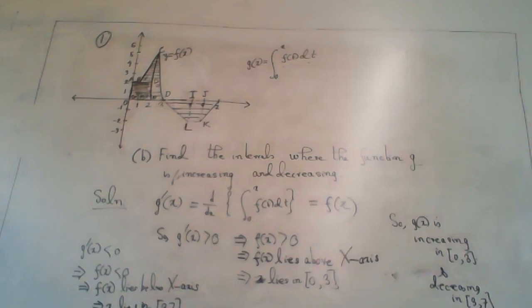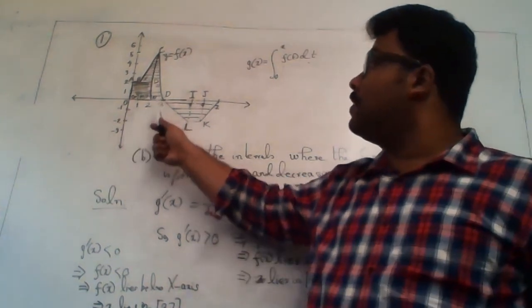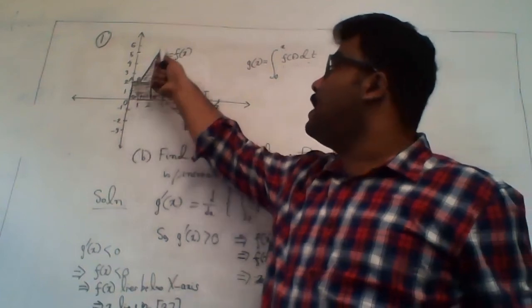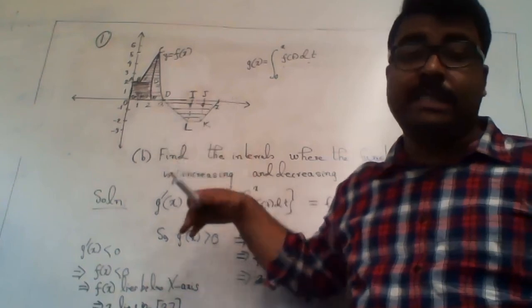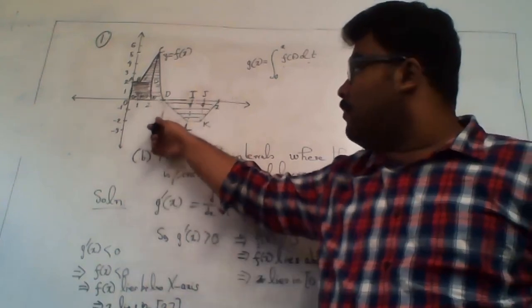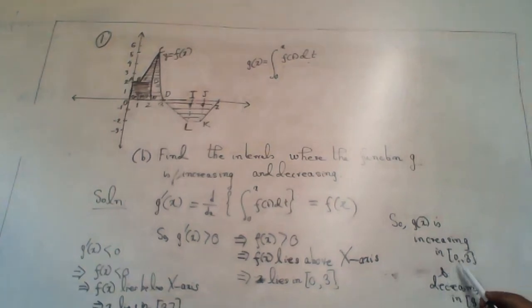My function g is increasing from 0 to 3 because the graph of the function lies above the x-axis in 0 to 3. From 3 to 7 the function g is decreasing because the graph of f lies below, right? So g of x is increasing in 0 to 3 and decreasing in 3 to 7.